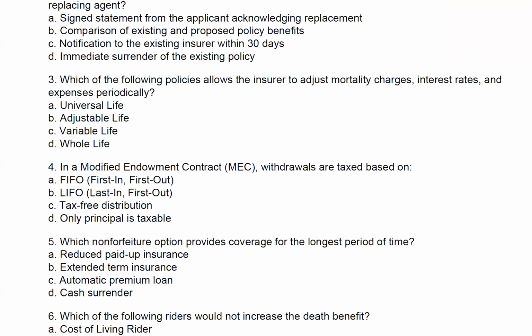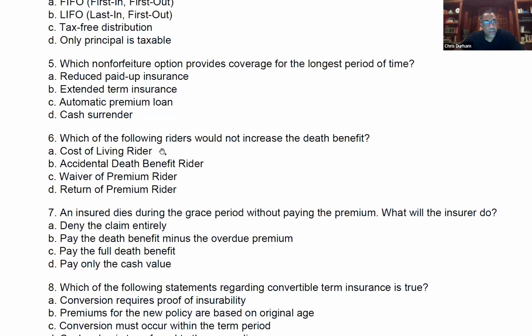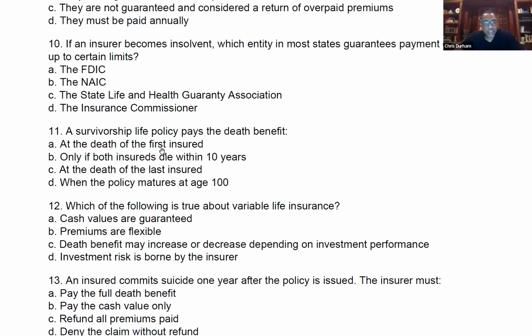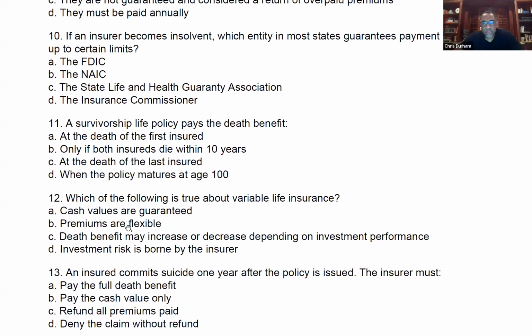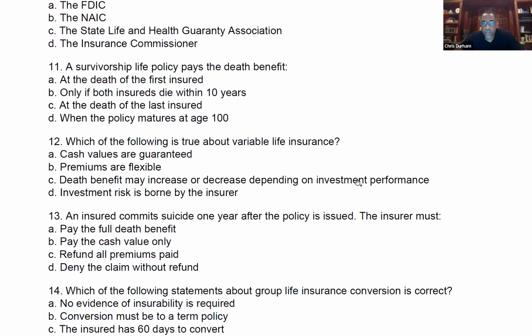Stock market, yes. Whenever you see the word variable, it is invested in the stock market, it is investments, it is not guaranteed.